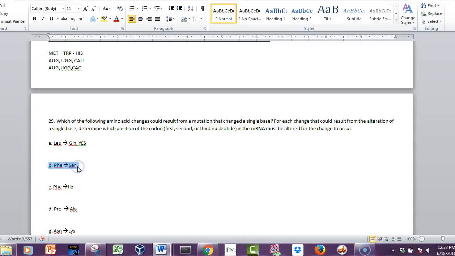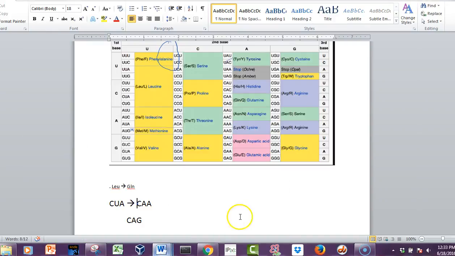So go from phenylalanine to serine. Alright, so phenylalanine, there's only two. There's UUU and UUC. Serine, there's UCU, etc., etc. So UCU is one. So we could go from UUU to UCU. That's one change. Goes from phenylalanine to serine.